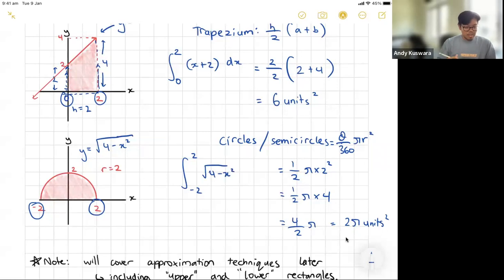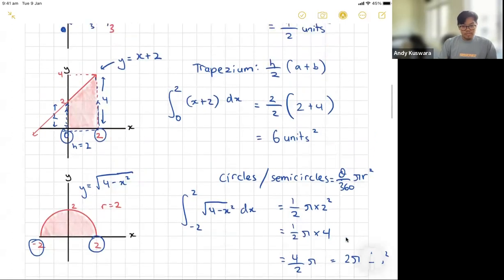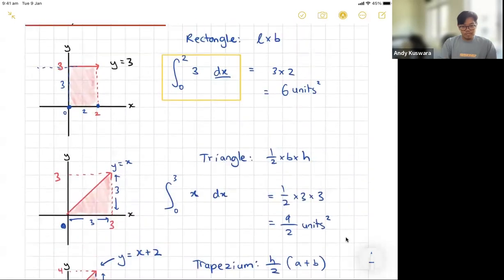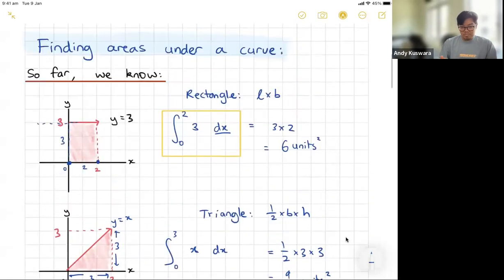Now, if you're unsure of where that came from, this should be good review for all your graphing, which you'll have to look into. Check it on Desmos if you want. And we put in the dx because that's the notation that we use. And that there is what you'll be doing for today's lesson. You'll be going through, okay, that first shape for number 1, that's a rectangle, it's just length times breadth.